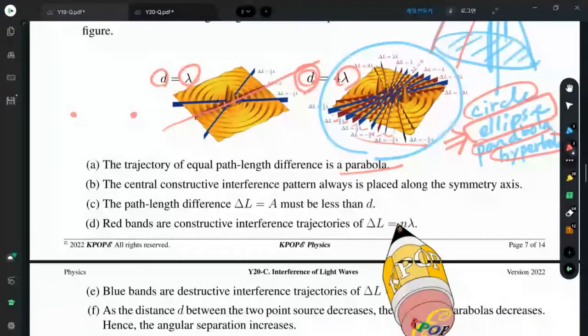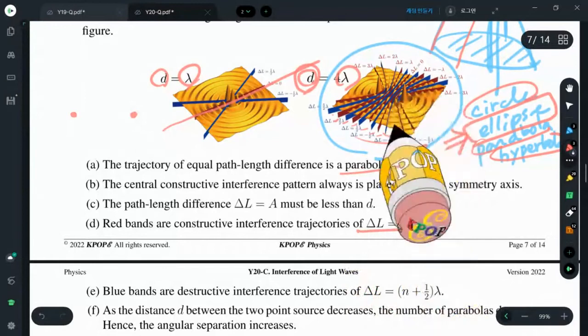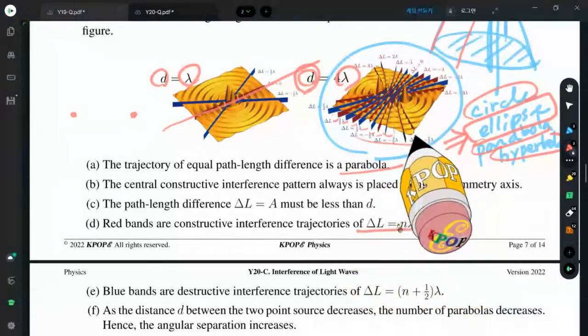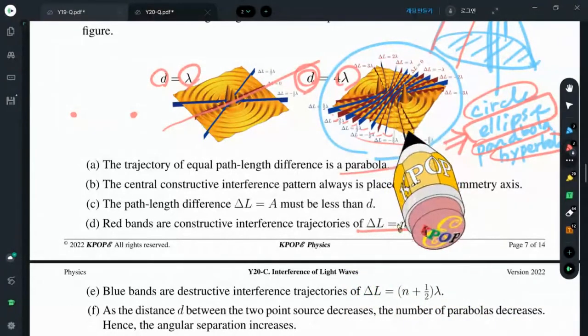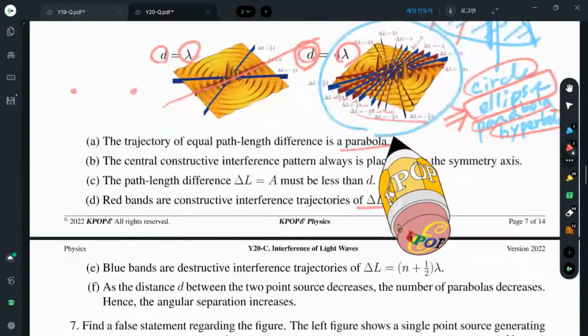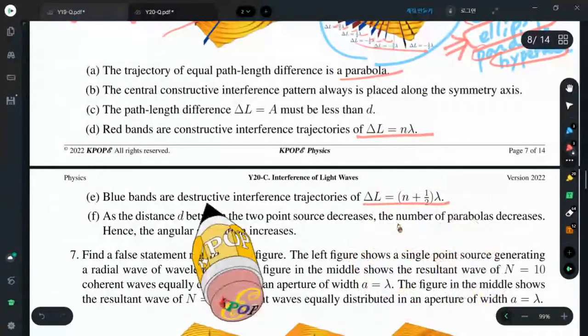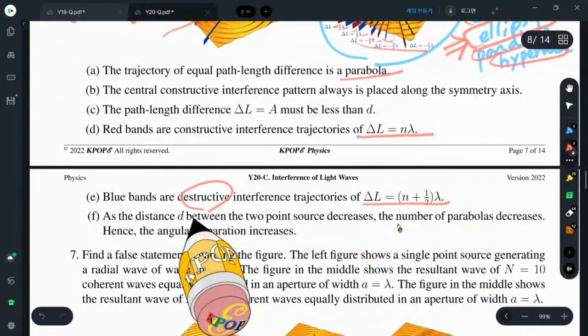Red bands are constructive interference trajectories, with amplitude maximized. Blue becomes smaller. The blue ones show the interference trajectories for destructive interference.